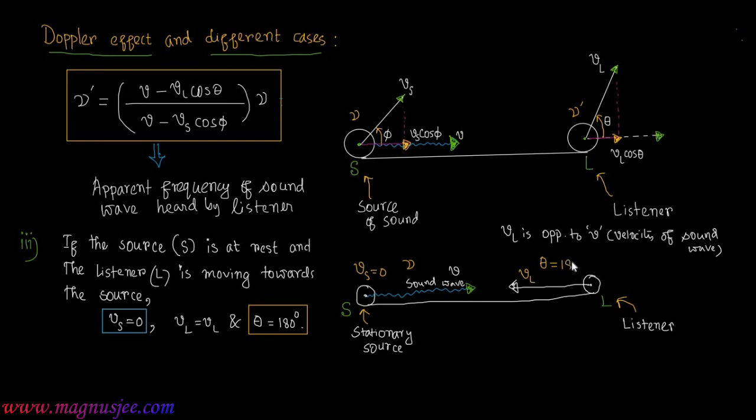That's why theta is equal to 180 degrees. Nu prime is the apparent frequency of sound heard by the listener. Therefore, the apparent frequency nu prime will have the expression (v minus Vl cos 180 degrees) divided by (v minus 0), into the actual frequency nu.